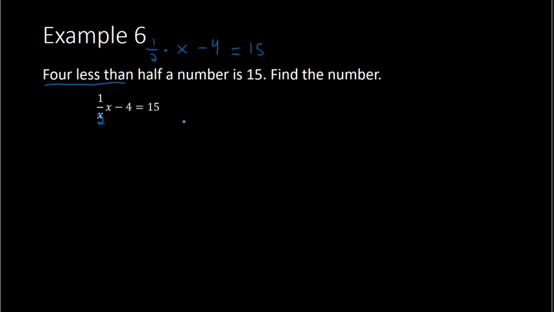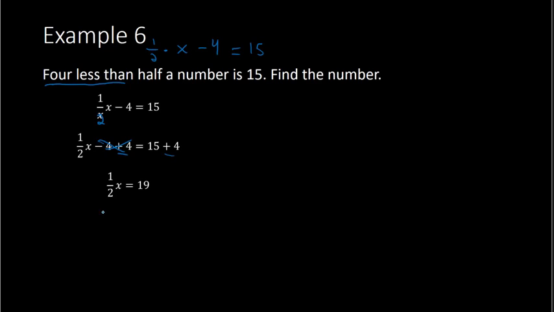So to solve, we need to get rid of this minus 4. And to do that, I do the opposite, which is add 4. So I add 4 to both sides. When I do that, the minus 4 and plus 4 will cancel. So I have 1/2 x on the left, and then 15 plus 4 is 19 on the right. Now the 1/2 is being multiplied with x. So to get rid of it, I do the inverse, which is divide.